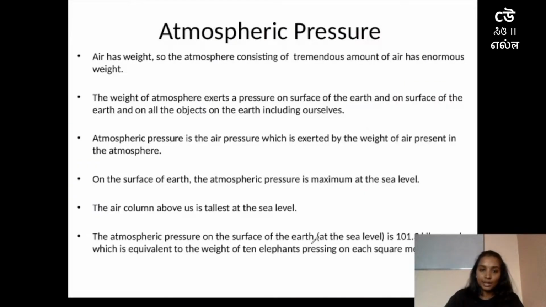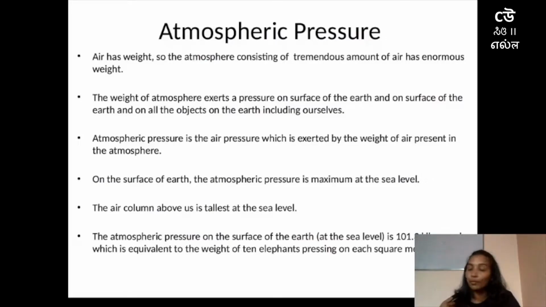I have explained atmospheric pressure point-wise in this slide, that is, air has weight. The atmosphere consists of a tremendous amount of air, which has enormous weight. The weight of the atmosphere exerts pressure on the surface of the earth and on all the objects on earth, including human beings.